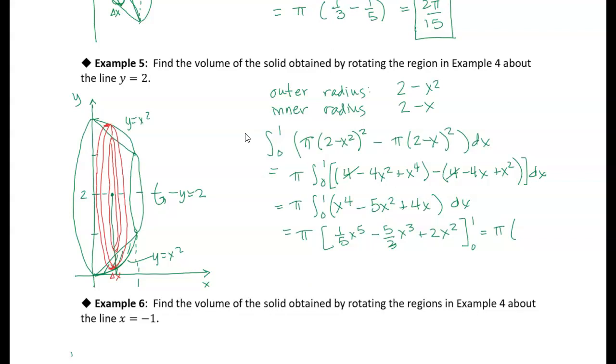So really all I have to do is evaluate it at 1. So 1/5 minus 5/3 plus 2. That's 3/15 minus 25/15 plus 30/15. So I'm going to end up with 8/15 times pi. And that is my volume.